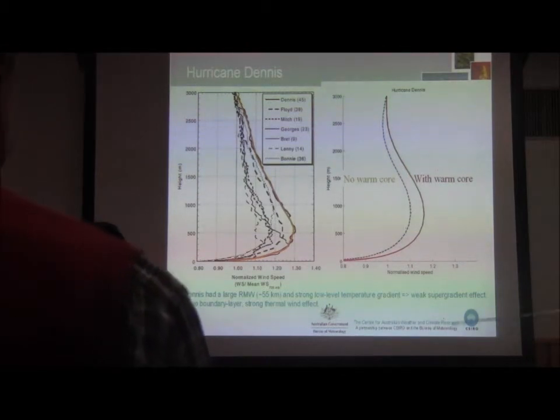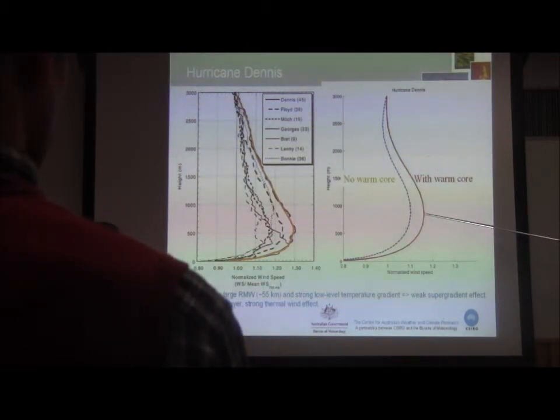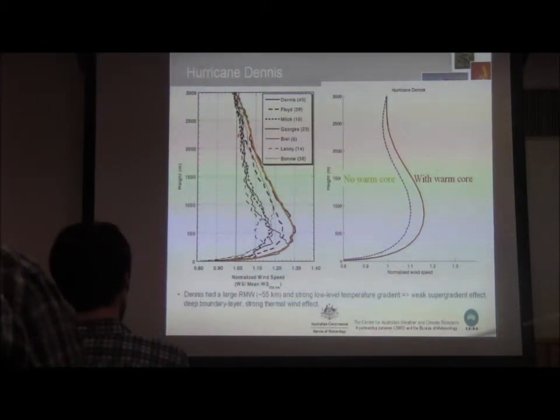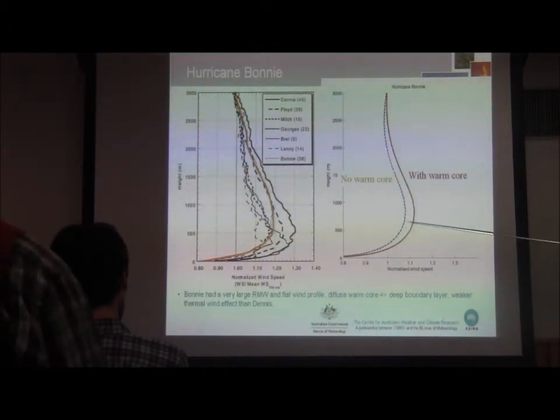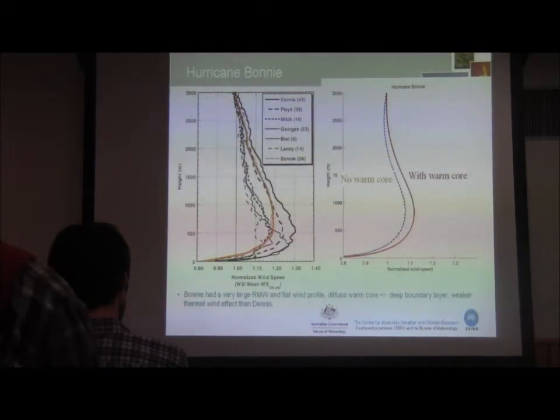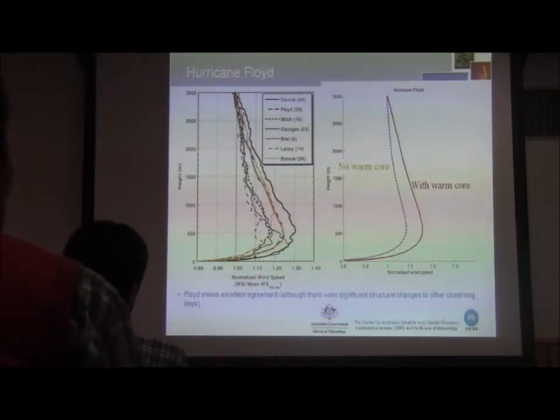This one was Dennis, which had a relatively strong wind maximum and quite a broad one. The height scales are the same in both cases. This one was Bonnie, which had relatively weak supergradient flow and a very broad jet maximum. Floyd was a bit stronger, a little bit more peaked than Bonnie.